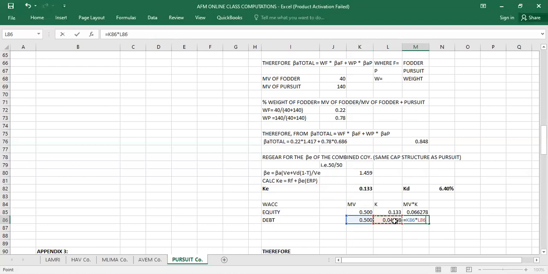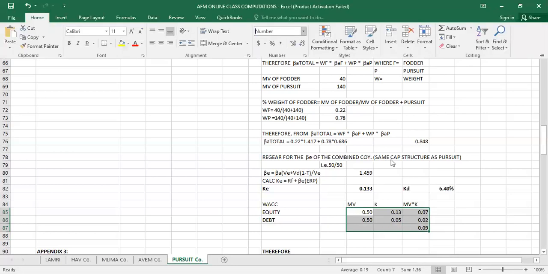Okay, so we're done with our work. Our WACC will now be equal to both of them. So that's 8.9. Let me clean these things up. Let's have this in 2 decimal places. Okay, maybe one more.